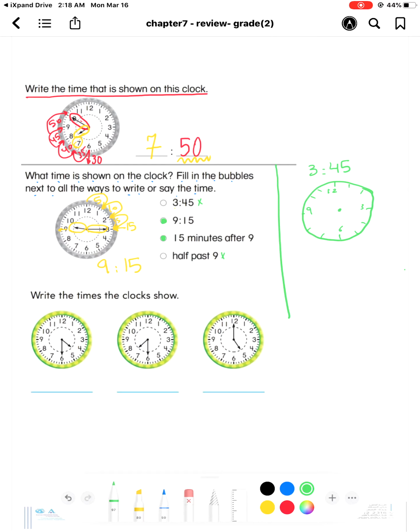I will draw it simply like this. 10, 11. Now, this part represents the hours, which is the short hand. The hours hand is always the short hand, so we will draw it like this.